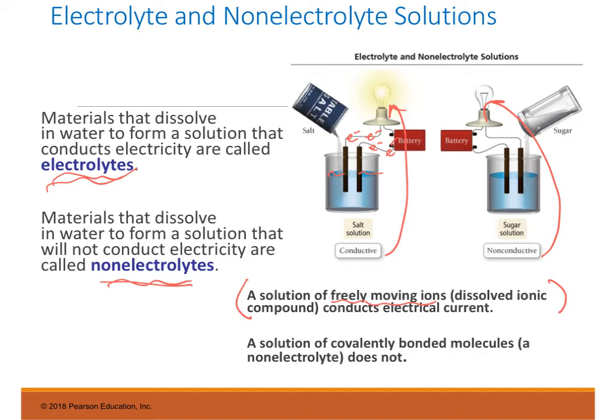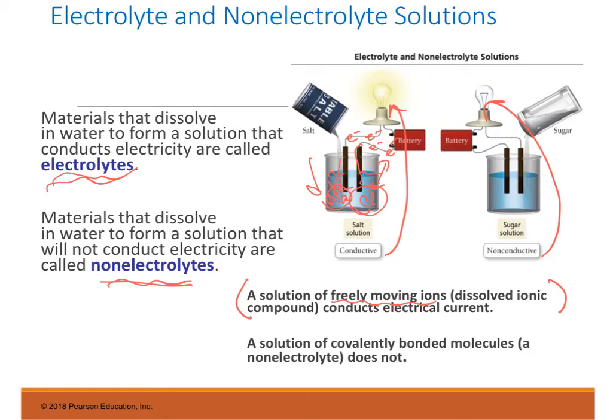Inside this solution we have sodium cations and chloride anions, and as electricity enters, the anions are going to repel the electrons and the cations are going to attract the electrons. In any case, the ions will interact with the electrons and allow them to move through the solution, so it will conduct electricity.